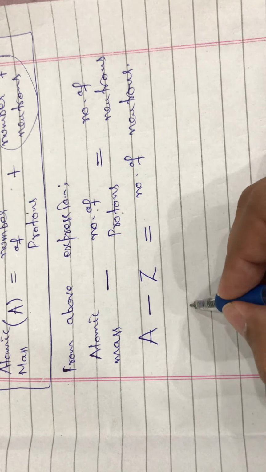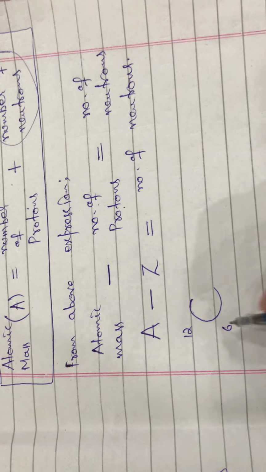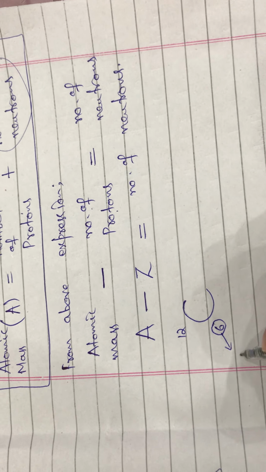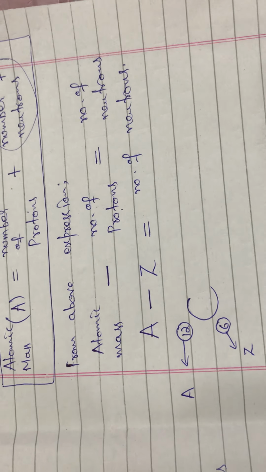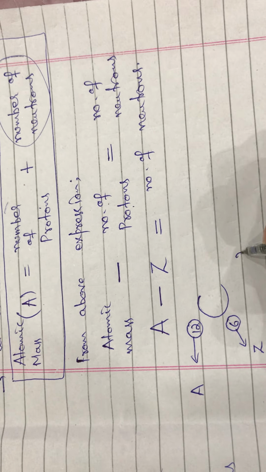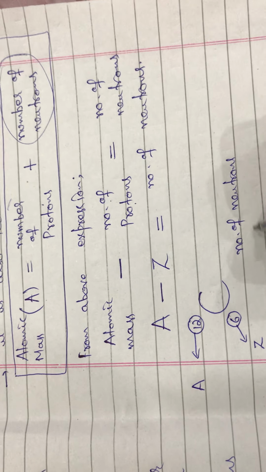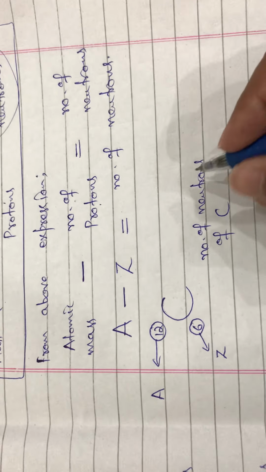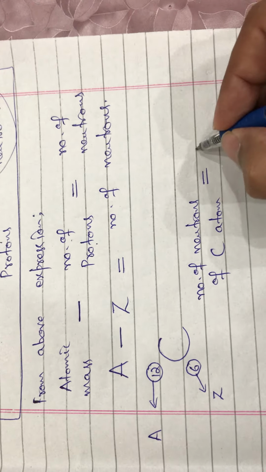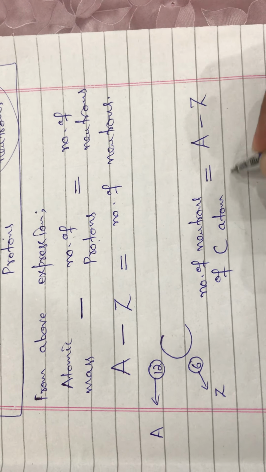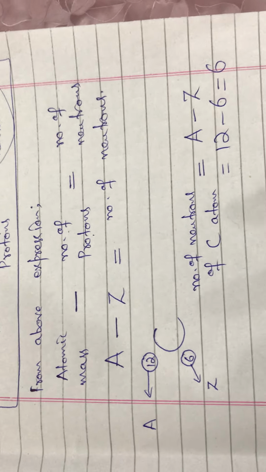By considering the symbol of carbon atom again, it is 6 into 12. We know that this is atomic number Z and this is our atomic mass A. So by using this information, we are calculating number of neutrons of carbon atom, and it is A minus Z means 12 minus 6, answer will be 6.